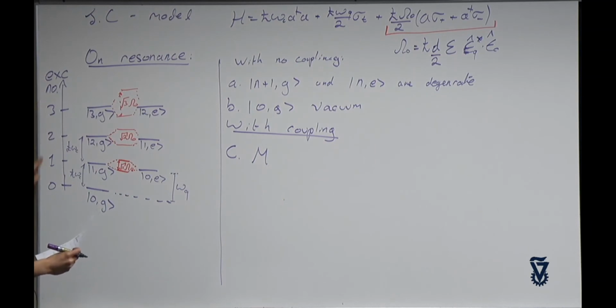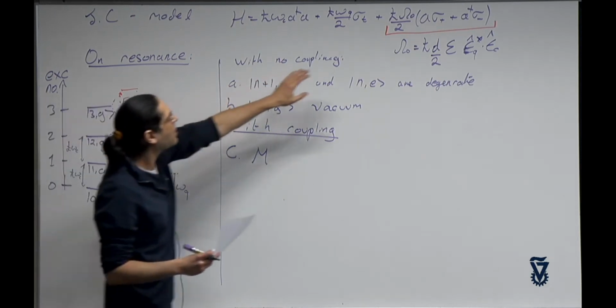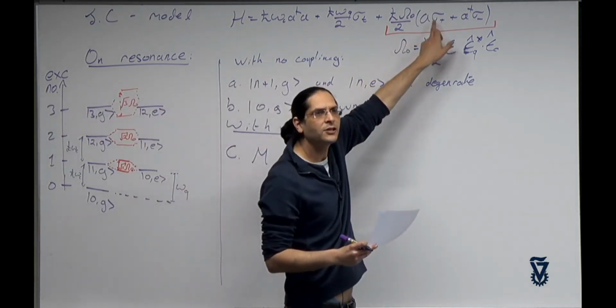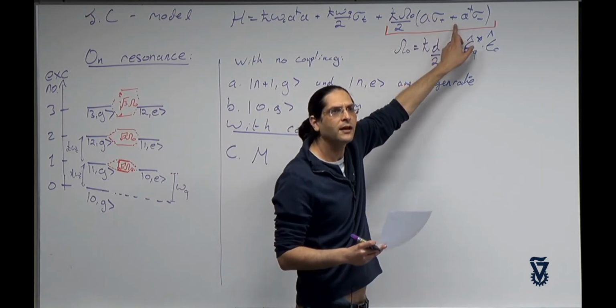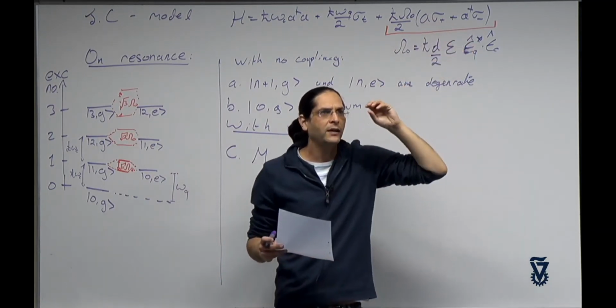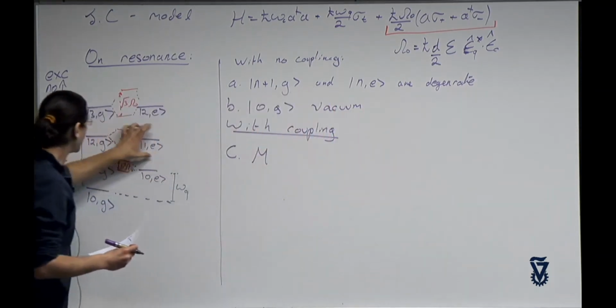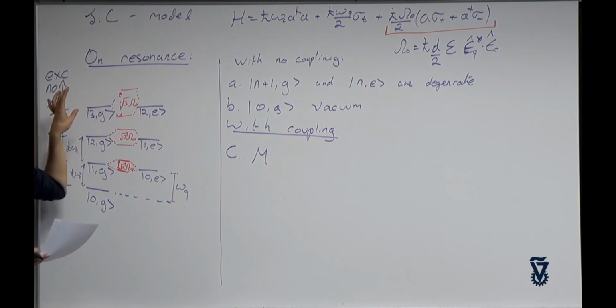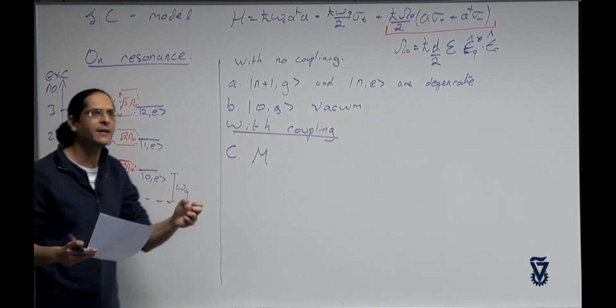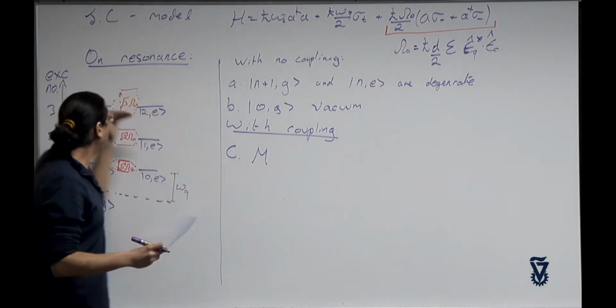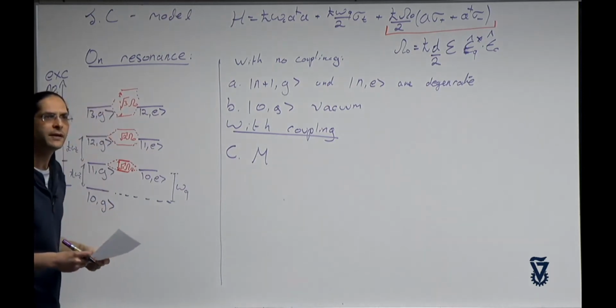So I wrote this here on the scale of number of excitations, so you can see that this Hamiltonian, you can split it up into many Hamiltonians. And each Hamiltonian is a number conserving Hamiltonian. Because all this term does is it destroys one excitation and creates another, destroys one excitation and creates another. So if we have a defined n number of excitations in that system, it will stay in that subspace. Only we will have certain dynamics within that subspace. But there will be no movement between these subspaces.